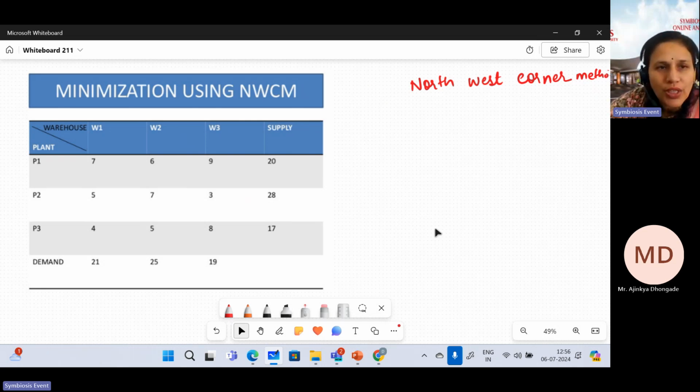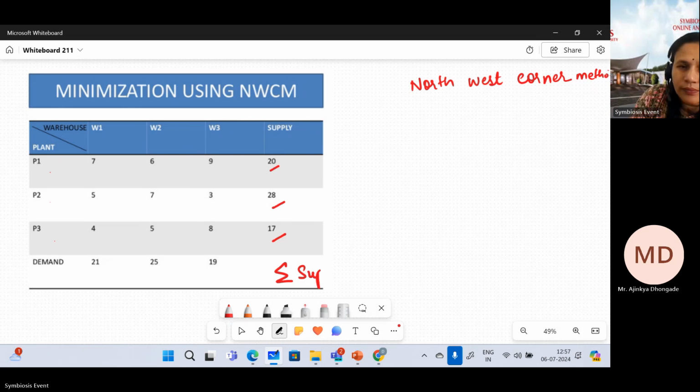You see the number of plants given: P1, P2 and P3, and they can supply 20 units, 28 units and 17 units. So plant P1 is able to supply 20 units, plant 2 28 units, and plant 3 17 units. If I simply add all these values, it gives me the summation of my supply, and I got the answer 65.